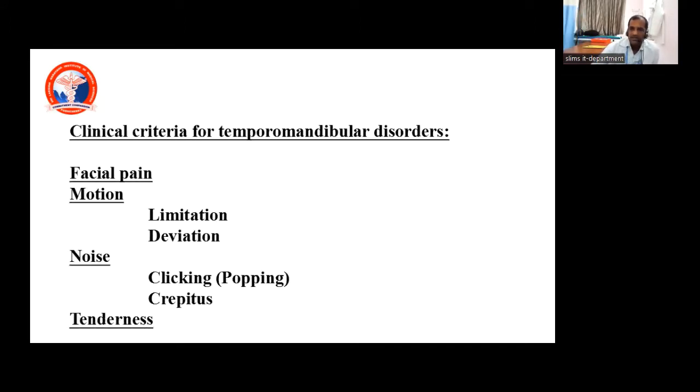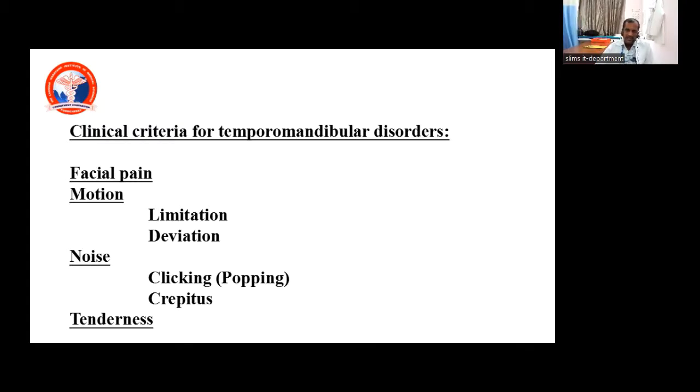Now, looking at the clinical criteria for the temporomandibular disorders. First is pain. As with all other ailments, the first and foremost symptom will be pain. There will be restriction in jaw movements, limited movements, and in some individuals you can expect a deviated path of closure.